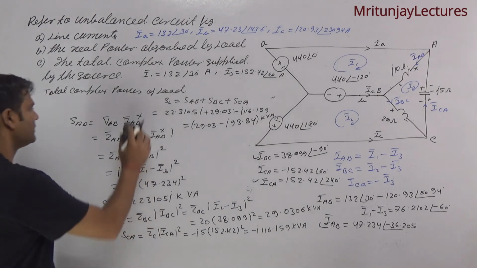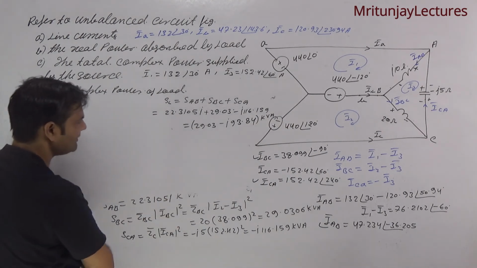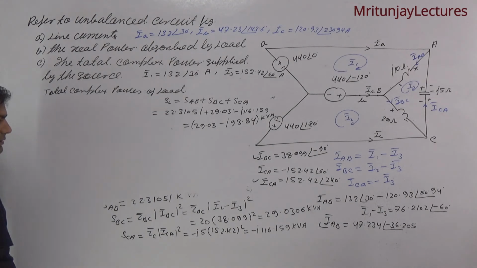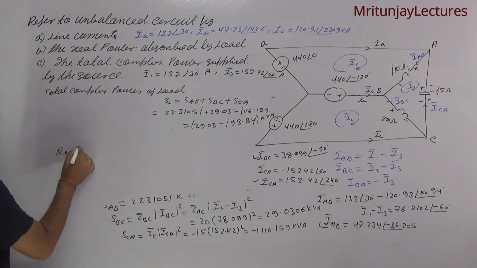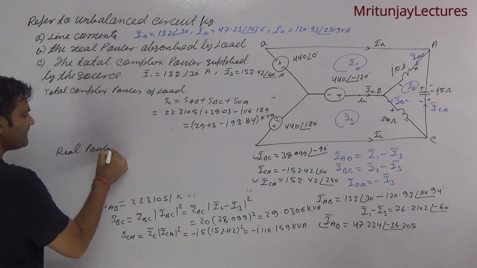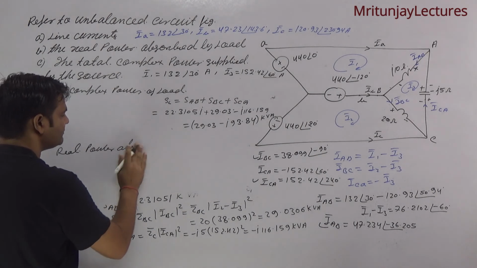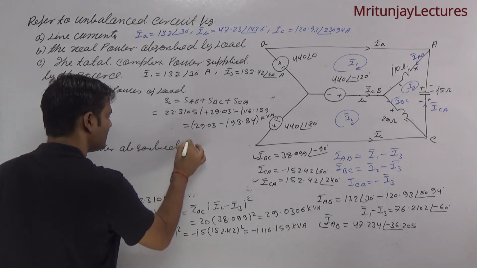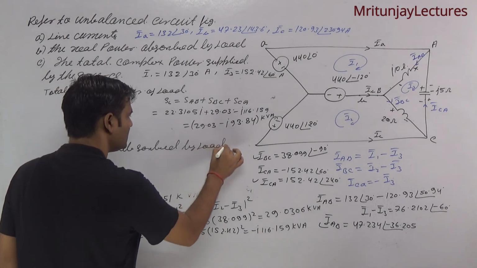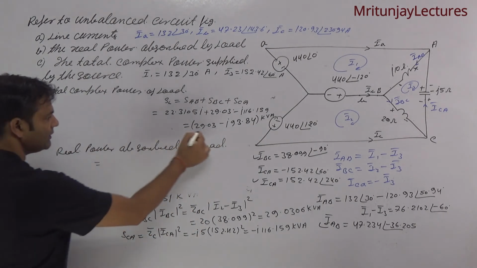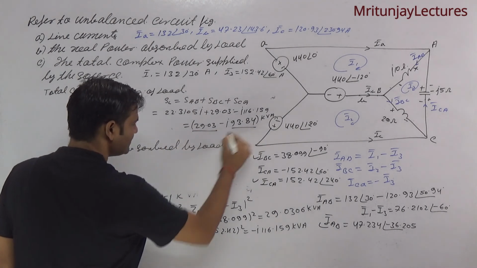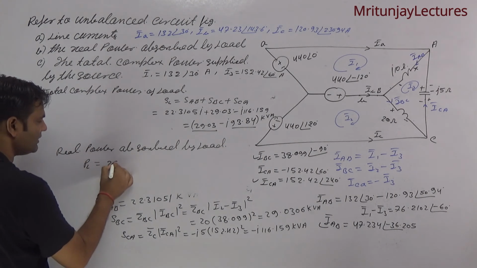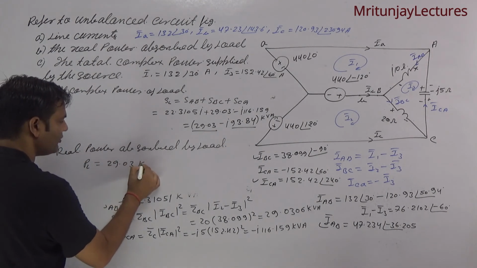Clear? Now our next target, real power. So real power absorbed by load, this one is real power and that is reactive power. So PL is written as 29.03 kilowatt.